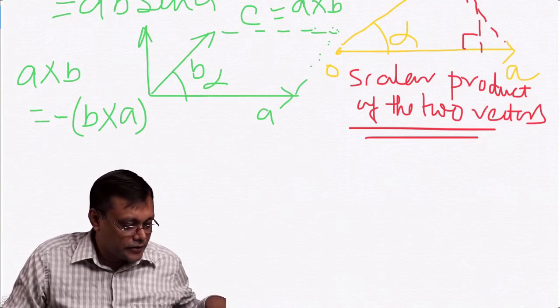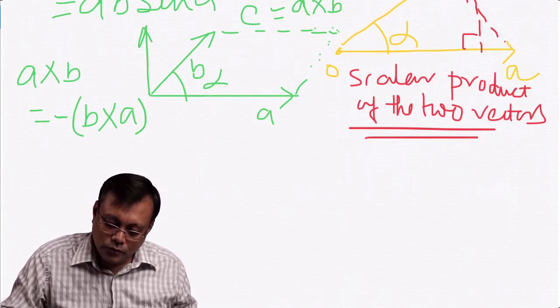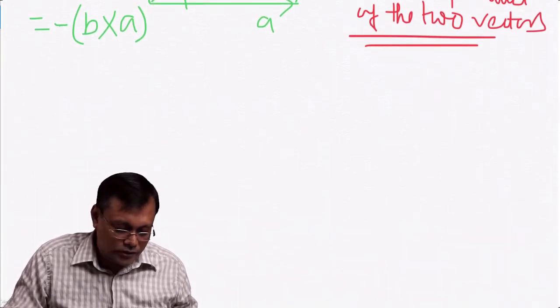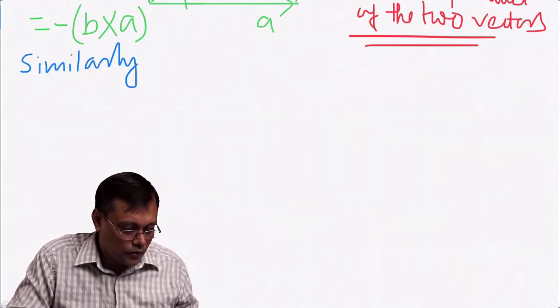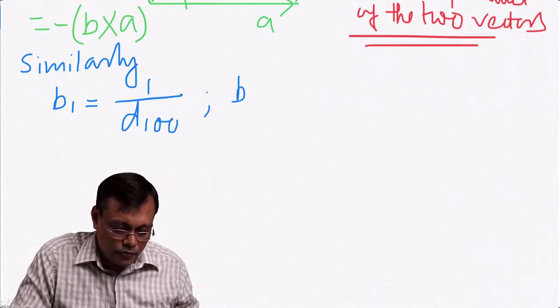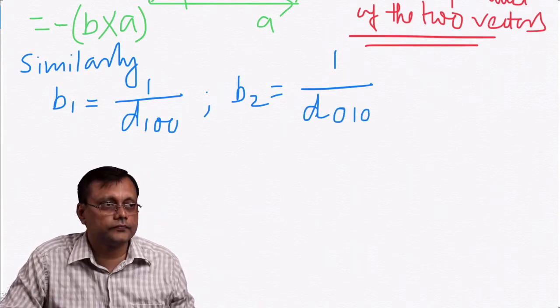Now, if that is the case, then I can again recall the earlier calculation I have just shown you. In a very similar way, B1 will be 1 by D100, B2 should be 1 by D010, right?